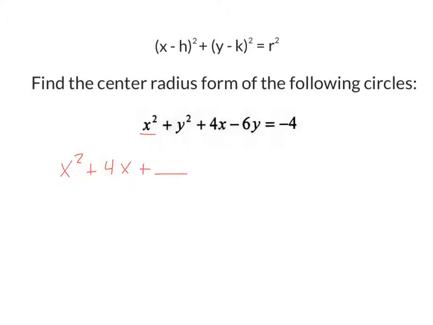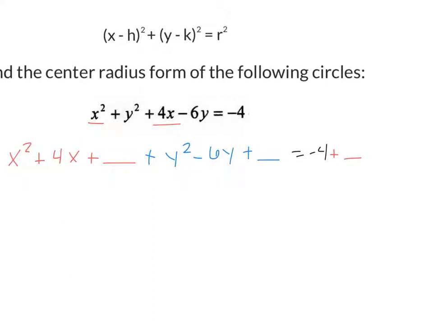So I move these two together, and now I'm going to move the y's together and put a blank. It's equal to negative 4, but I'm going to have a plus blank and another plus blank for the y's. So plus blank again.